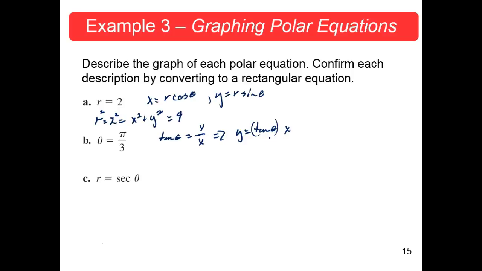What is your theta? Pi thirds, right? So we have y equal to the tangent of pi thirds times x. Now what is tangent of pi thirds?